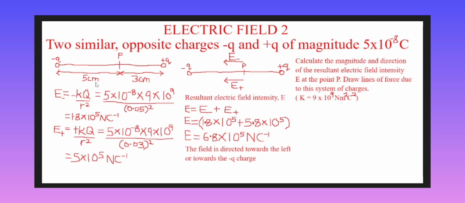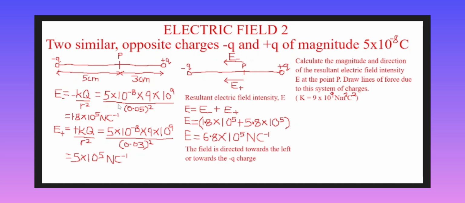If I convert 5 centimeter to meter, that will give me 5 divided by 100, and that is 0.05, then squared. If I press my calculator correctly, that will give us 1.8 times 10 raised to power 5 Newton per coulomb.